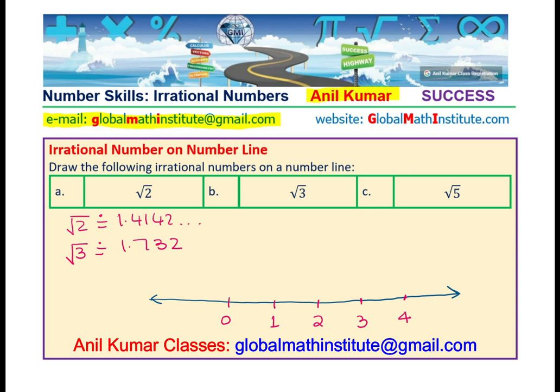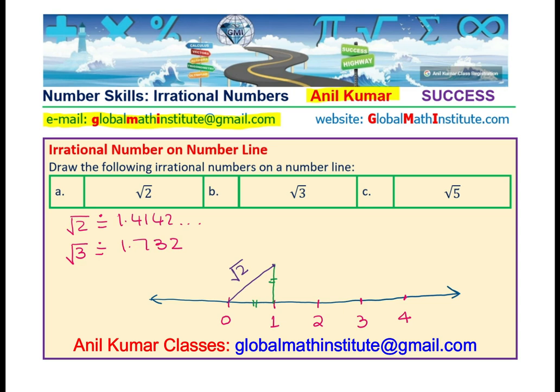So the construction here is to draw a square here, kind of, right? From 1 we can draw a line, and this is of the same length as 1 unit. And now once we have this line, the diagonal will be what? Square root 2. Makes sense, right? See how accurately we can draw it.